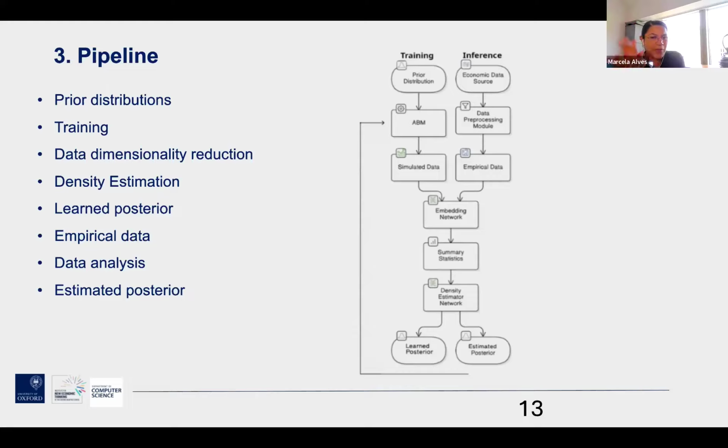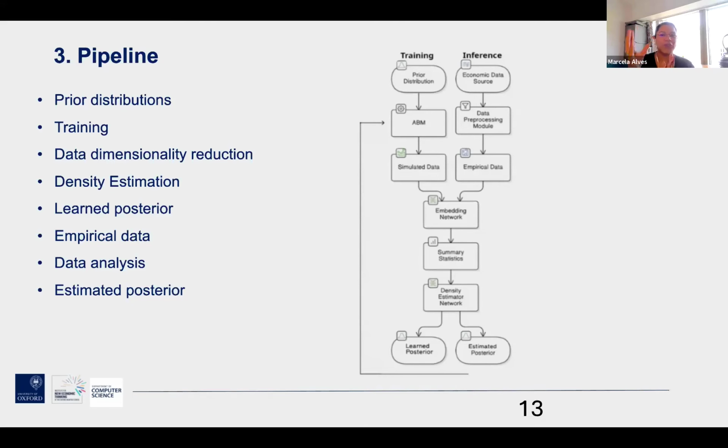So then we have this empirical data. We use the same embedding network to do the dimensionality reduction. And then again, we go to the density estimator. And then what we're going to do now is say, hey, density estimator, I know you have been trained with the ABM, but now I have a sample of a real data set.